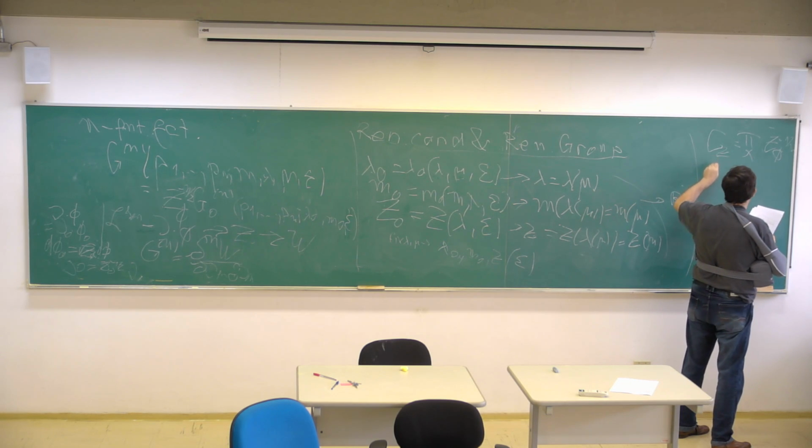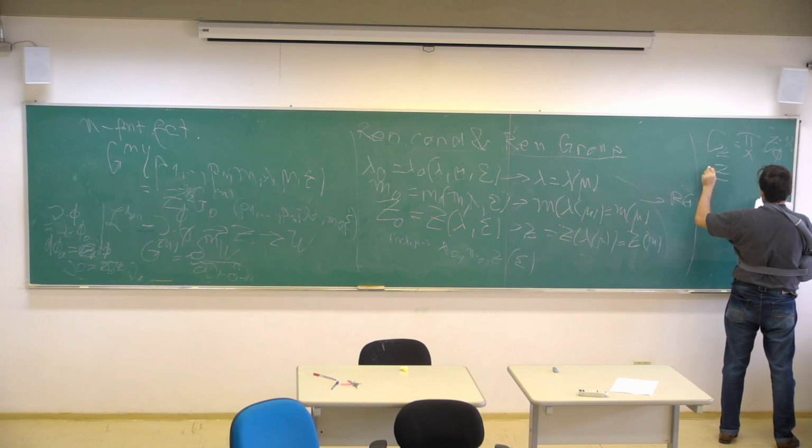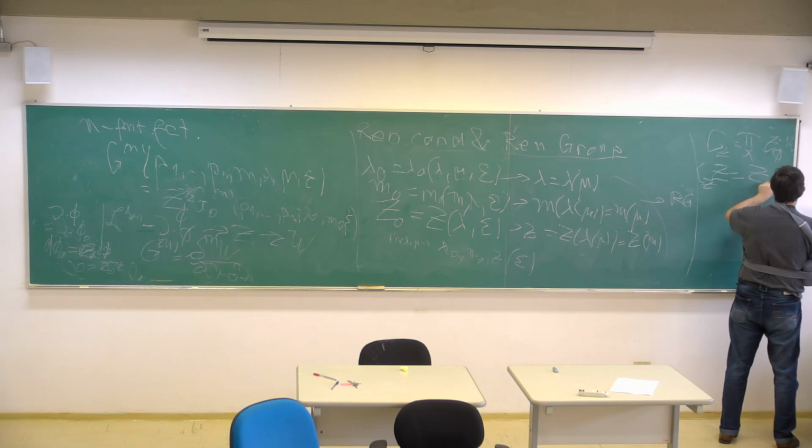And this is what relates Z with Z0. So Z times CZ is Z0.